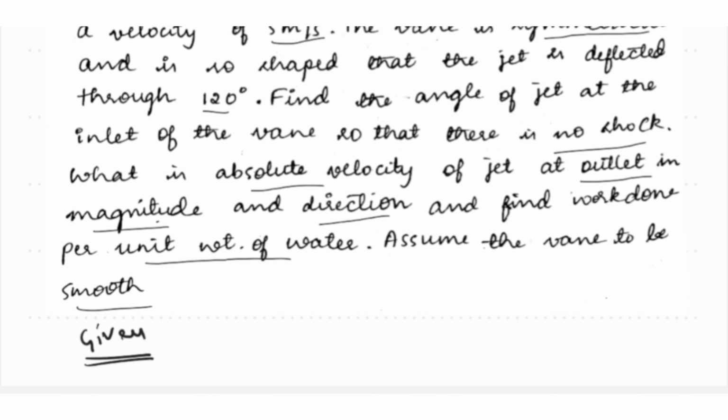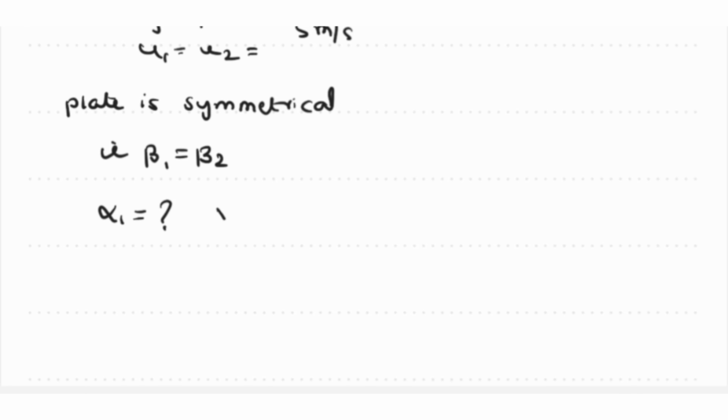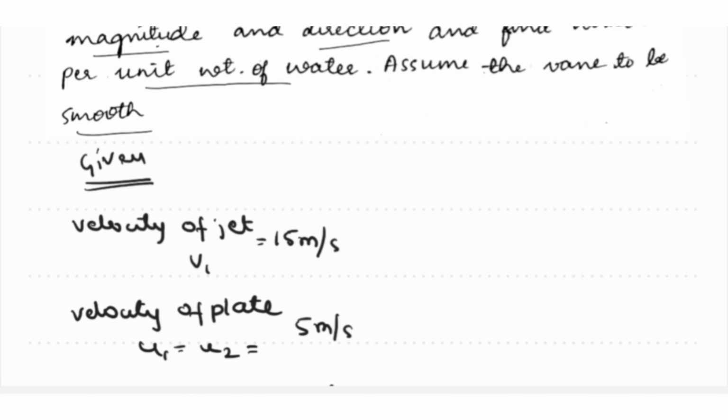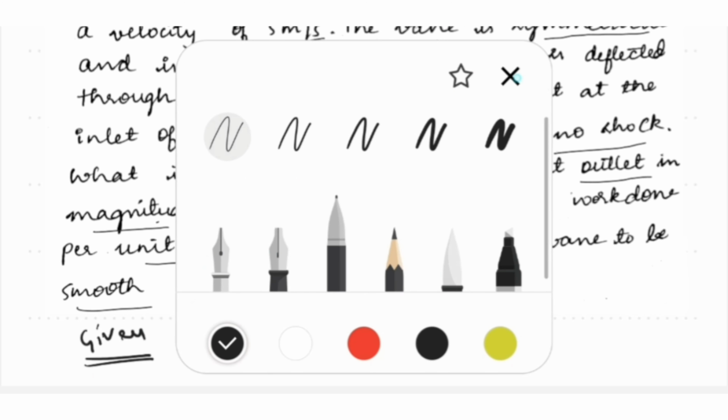Then also we have to calculate the absolute velocity of jet at outlet, that is V2 is equal to question mark, and we have to calculate what is work done. So this is what they have given in the question. So we have to draw the velocity triangle.